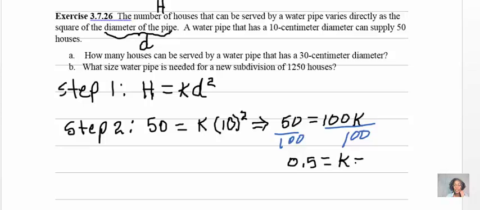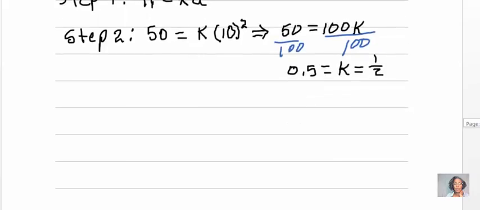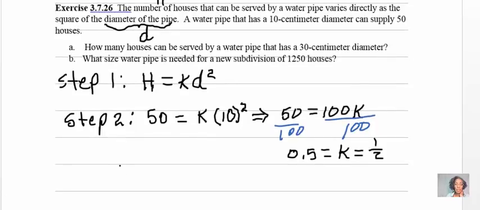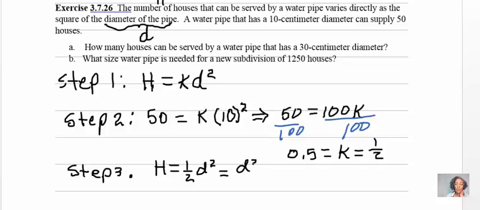You could also write it as a half. So you want to use whatever is convenient, but it does need to be exact. It can't be an approximation. So in step 3, we're going to rewrite our equation as H equals 1/2 D squared, which I can write as D squared over 2.